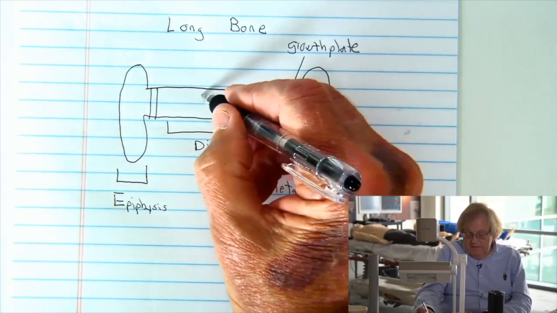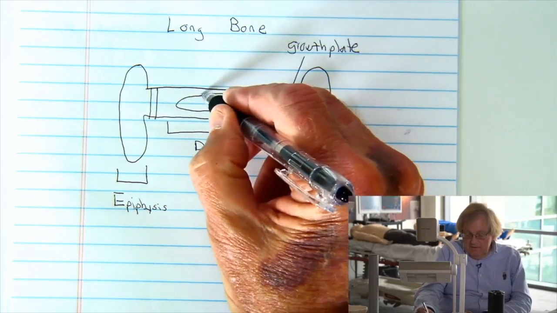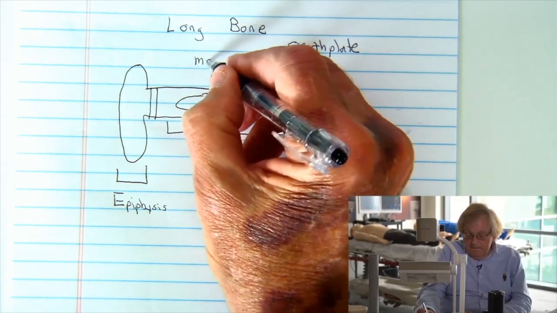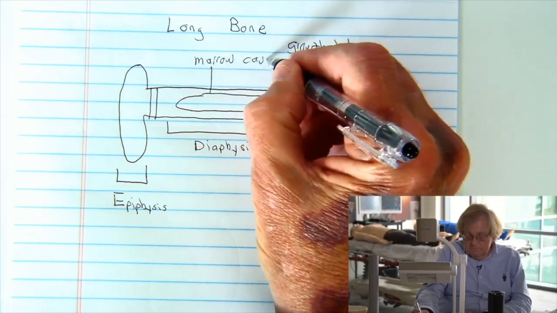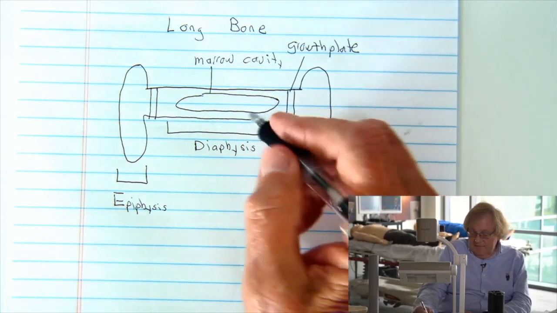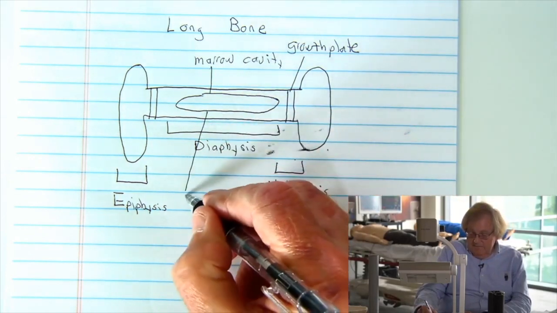Inside of the shaft of the long bone is something called a marrow cavity. That marrow cavity is going to have a lining called an endosteum.